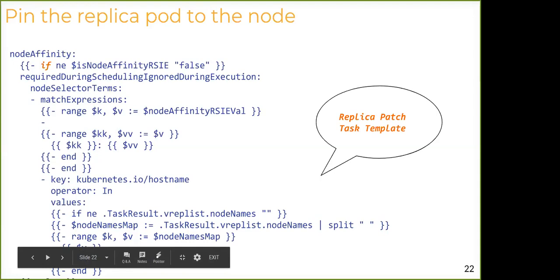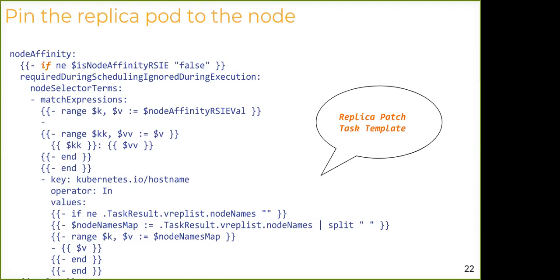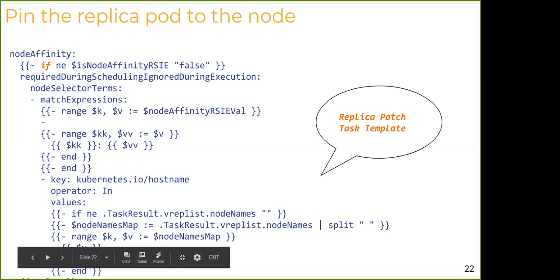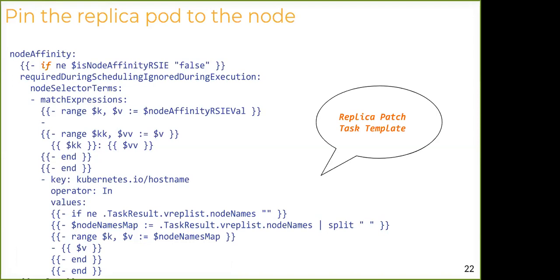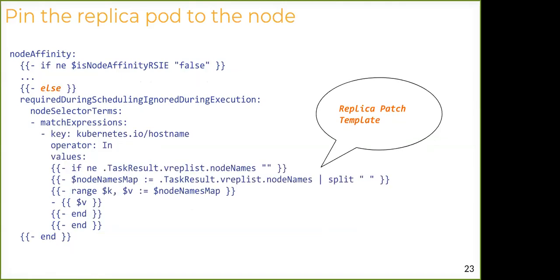It says that the policy engine determines the node on which the pod got scheduled, takes out that node name and puts it in this node affinity. Once that is done, the scheduler will never be able to take that pod and put it on some other node, because we are pinning it with the help of node affinity.